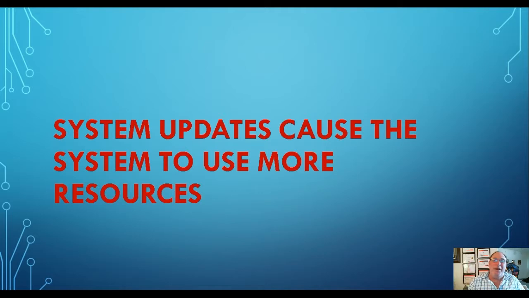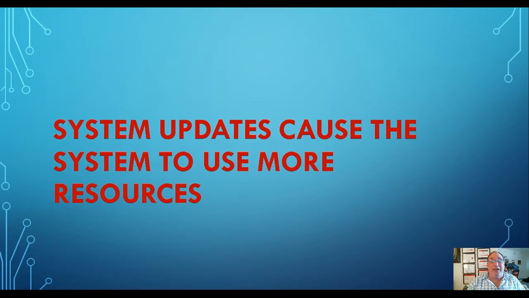Depending on your degree of fragmentation, which we discussed earlier, the more seeks and reads it's going to use. So just merely updating your system can actually wind up slowing it down. It's a good thing to keep your system updated, but you have to understand it can affect the speed that the machine operates at.